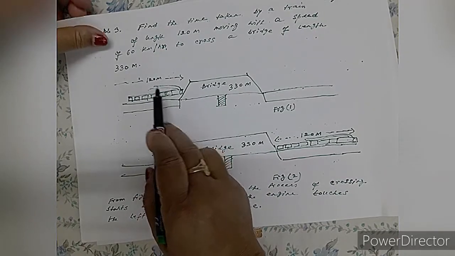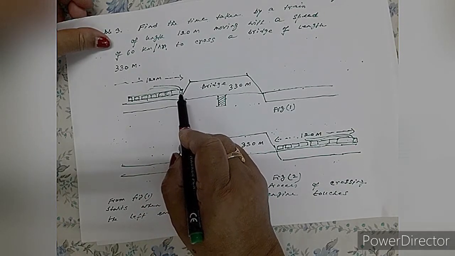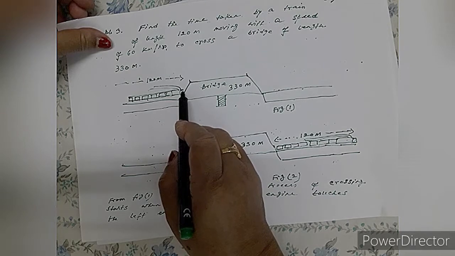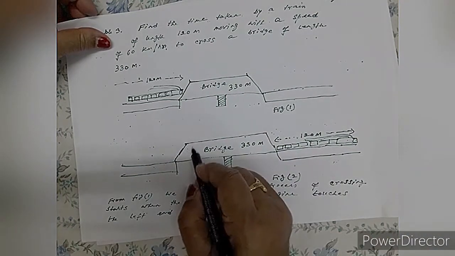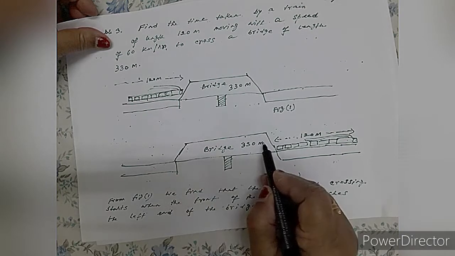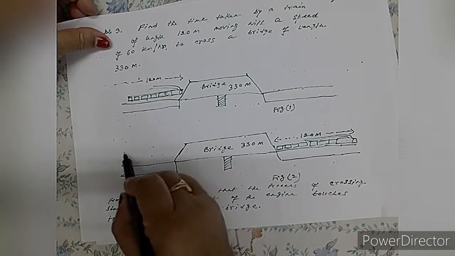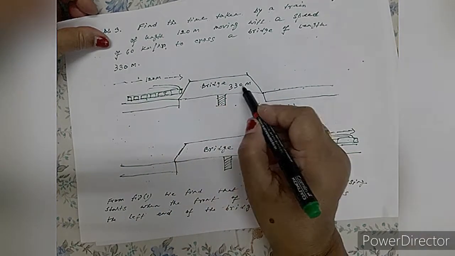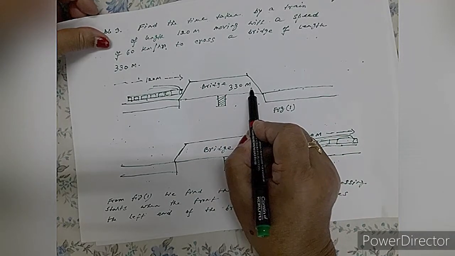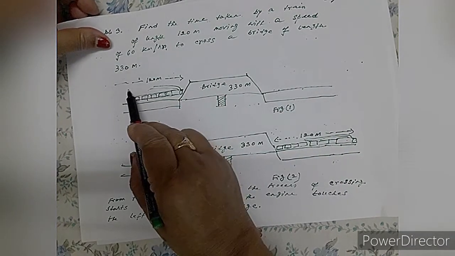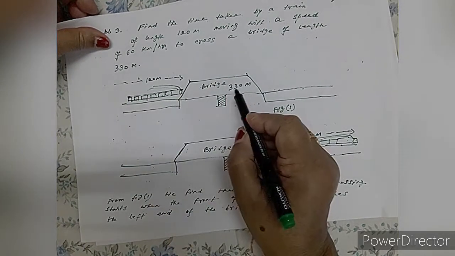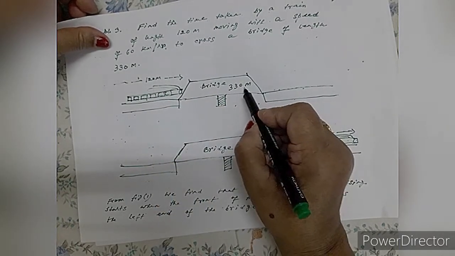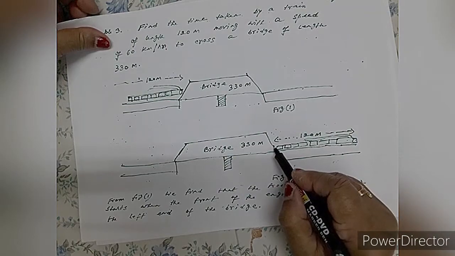So when the process of crossing starts, the train is at the left end, but when it ends, the train has already crossed 330 meter for the bridge and also its own 120 meter. When it covers its own length plus the length of the bridge, the process of crossing ends.